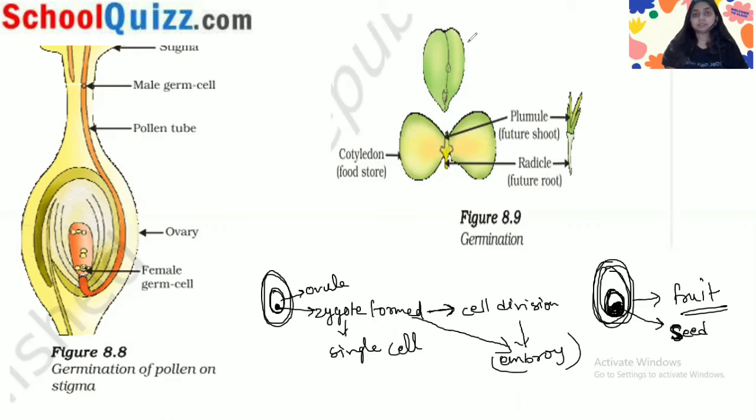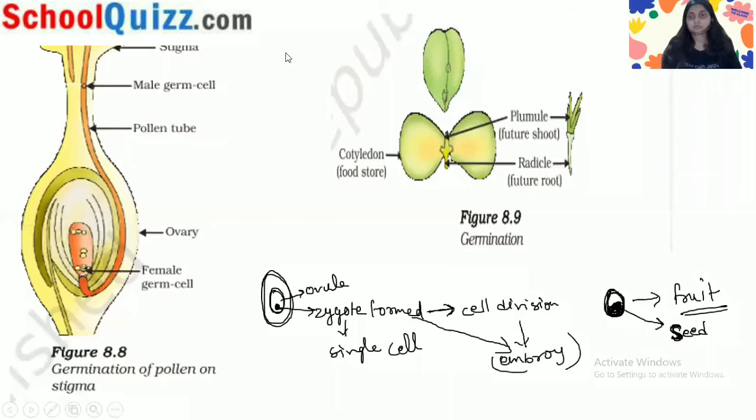So what is happening here? This whole ovary is turned into a fruit, because it is growing, and the embryo which is formed is turned into a seed.